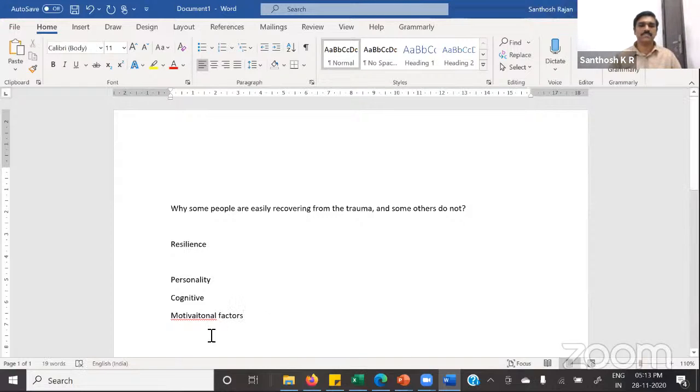Next, I may think about coming up with a problem like this: role of cognitive, motivational, and personality factors.